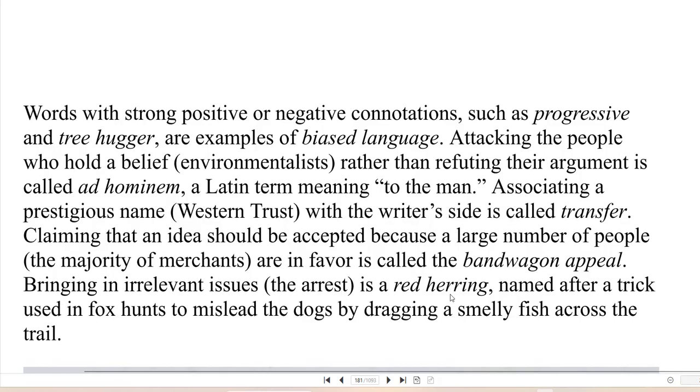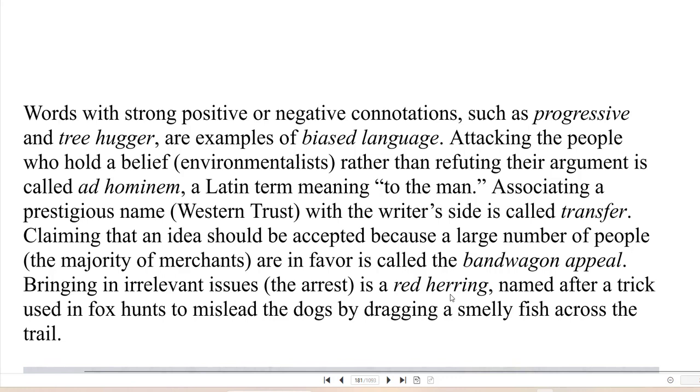Words with strong positive or negative connotations, such as progressive and tree hugger, are examples of biased language. Attacking the people who hold a belief rather than refuting their argument is called ad hominem. Associating a prestigious name like Western Trust with the writer's side is called a transfer fallacy.